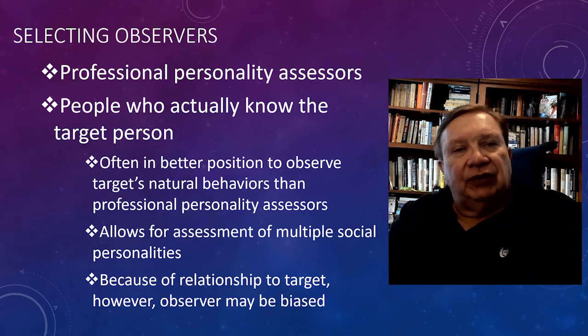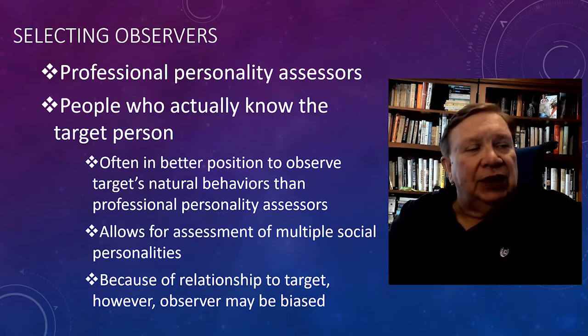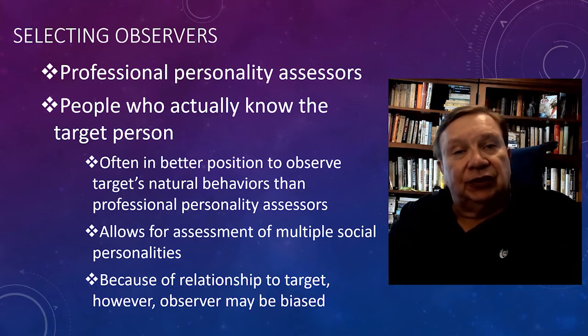But we always have the caveat that observer data may be in its own way biased. We found this happens oftentimes in research. For example, one of the worst sources of data for rating young adults are their parents.